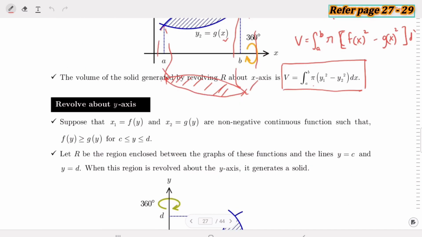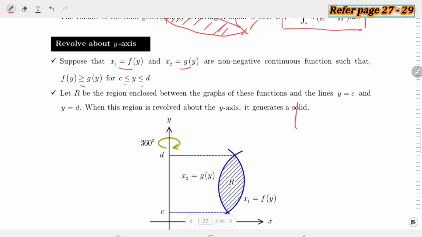So now we look at when the region is revolved about the y-axis. Suppose that x1 equals f(y) and x2 is a function g(y), non-negative continuous functions, such that, the same as above, f(y) is larger than g(y) for the limit from c to d on the y-axis.